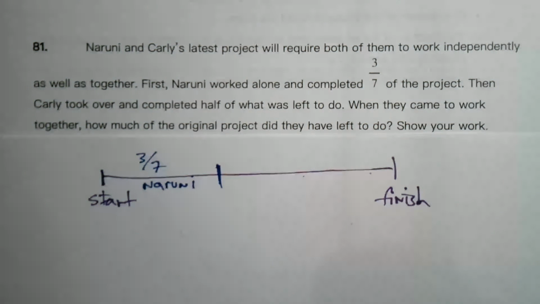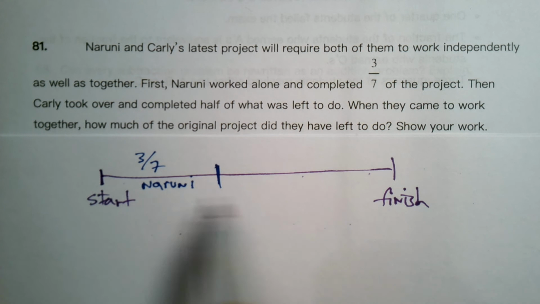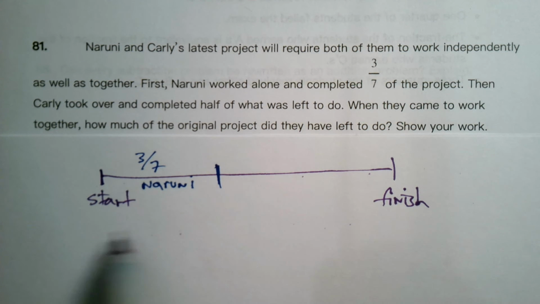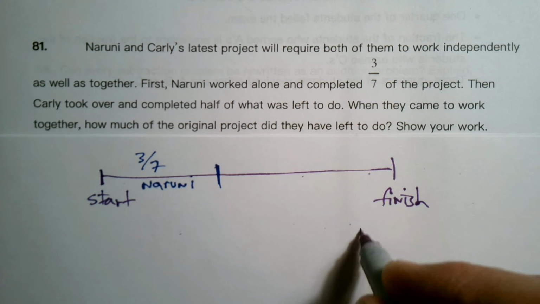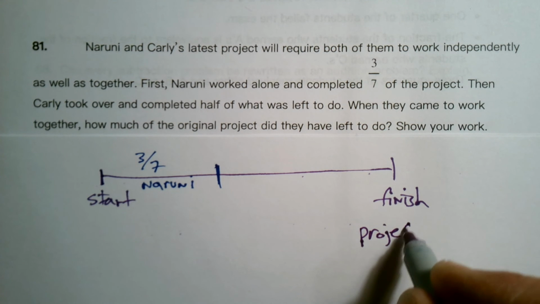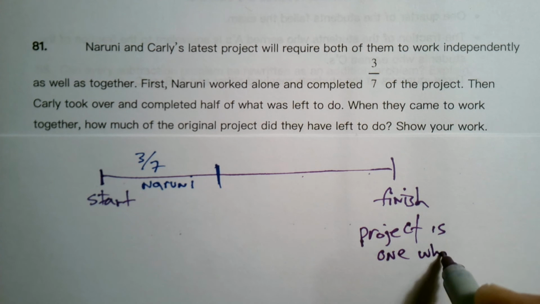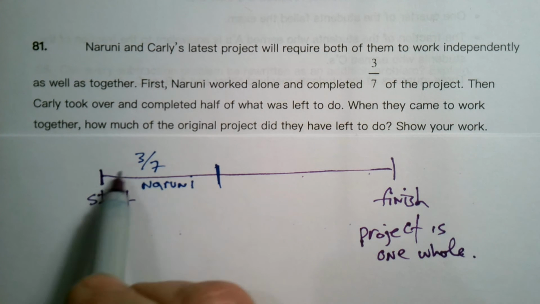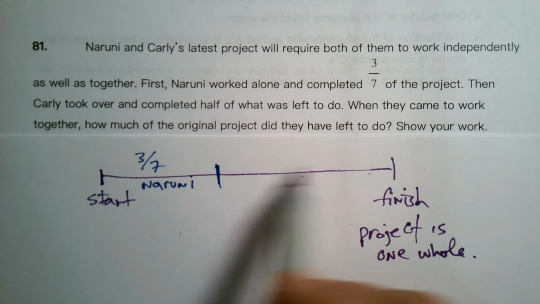That being said, if I think about a project from start to finish, the project is one whole, right? My project is one whole. So if this is 3/7 of that project, then what's the remainder?